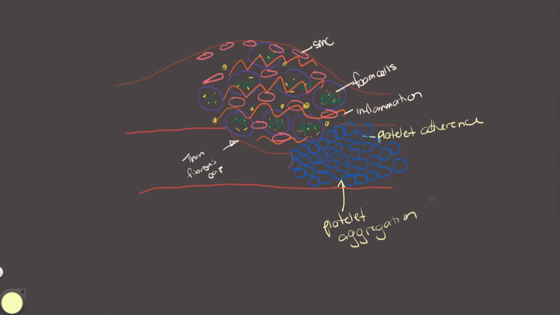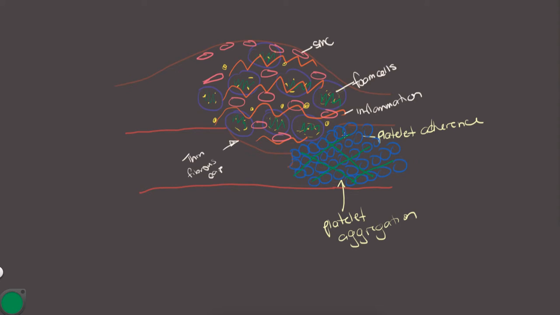Now this wouldn't be so bad if we also didn't have stimulation of the thrombotic pathway. So not only are we having coagulation playing a large role, our thrombosis pathway plays a large role as well, and we start to see fibrin adherence. So we start to see fibrin starting to lace itself into these platelets and form a fibrin mesh.